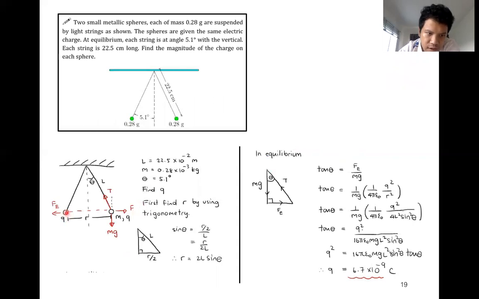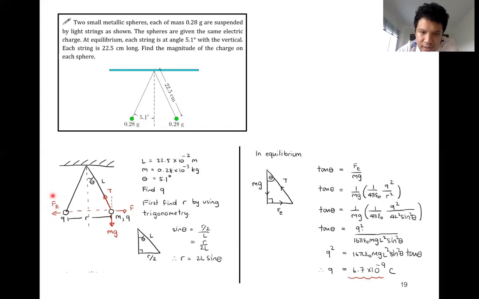When they have some charge, this mass on the left and this mass on the right will be repelling each other by Coulomb force. We say that the Coulomb force acting on the charge on the left hand side is Fe.